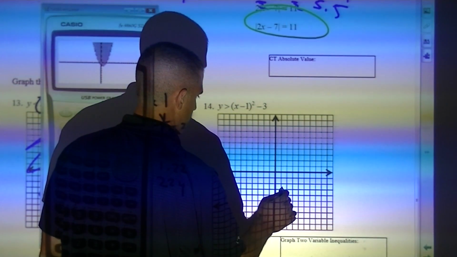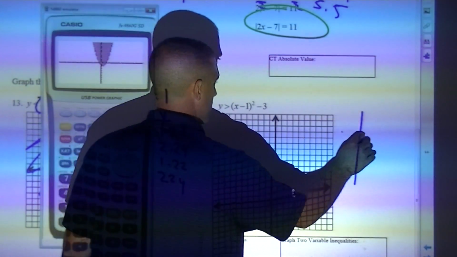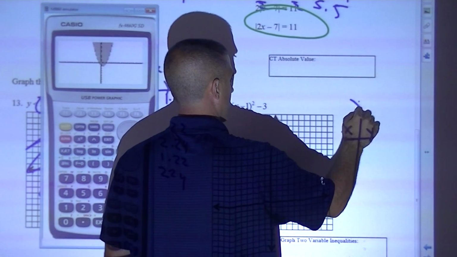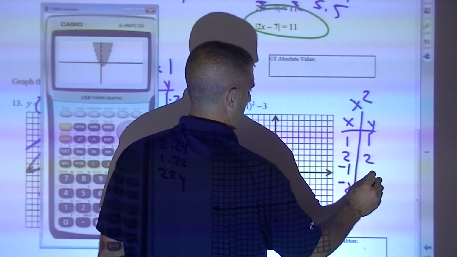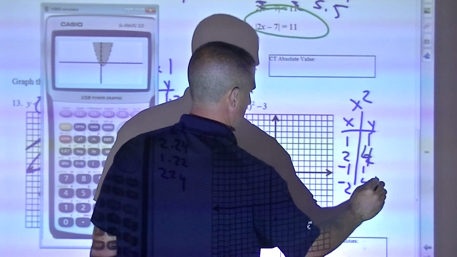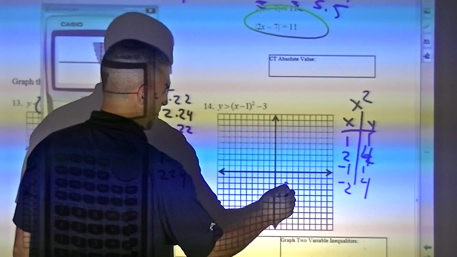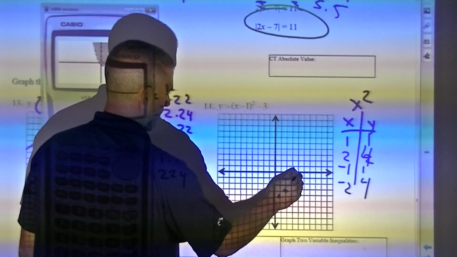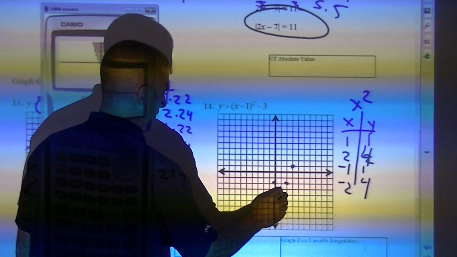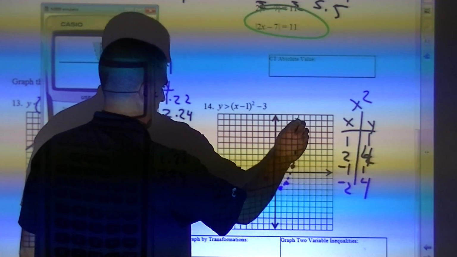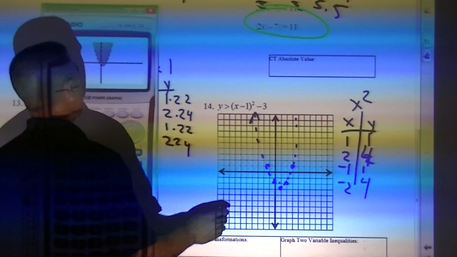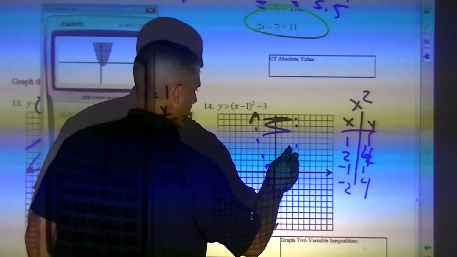As a reminder, quadratic: 1, 2, -1, -2, 1, 4, 1, 4. So 1 right, 1 up, 2 right, 4 up, 1 left, 1 up, 2 left, 4 up. Once again, I would have a dash in here, and as you can see, I'm shaded in between.